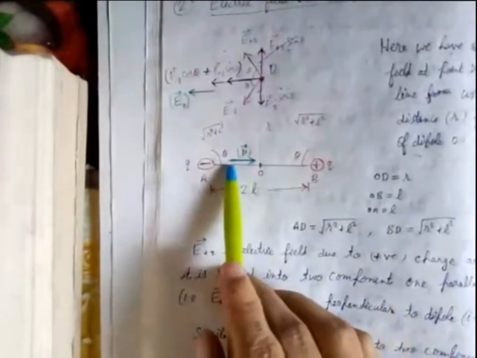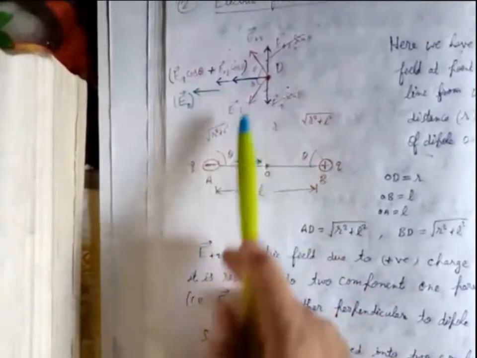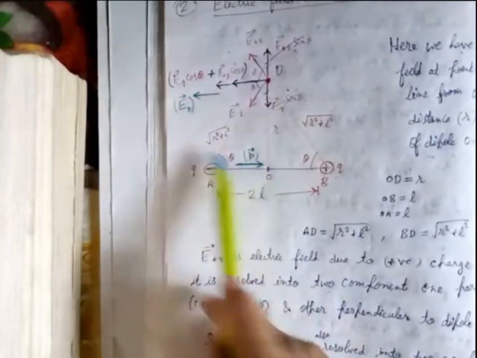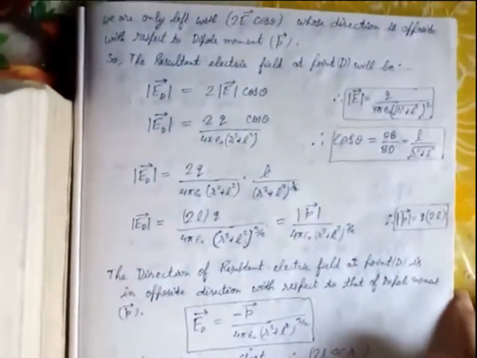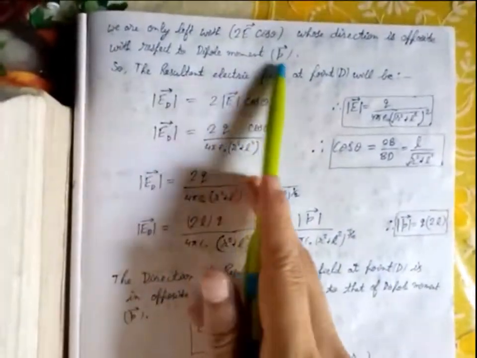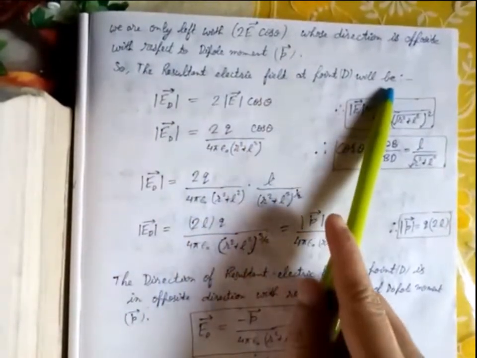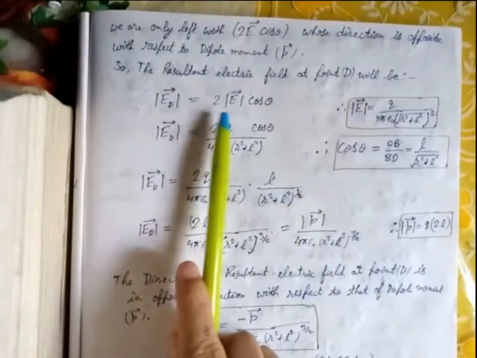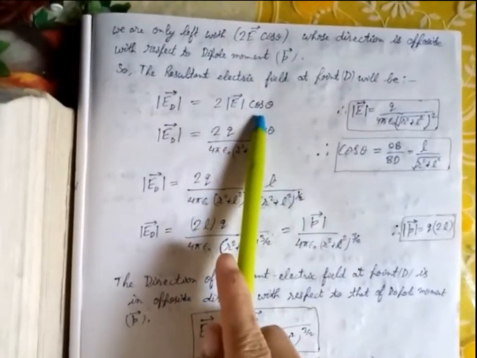That is, here the dipole moment is along A to B, whereas the 2E cos theta component is along B to A. So we are saying that this electric field component is opposite to that of the dipole moment vector P. So the resultant electric field at point D will be E of D equal to 2E cos theta. What is the value of cos theta?